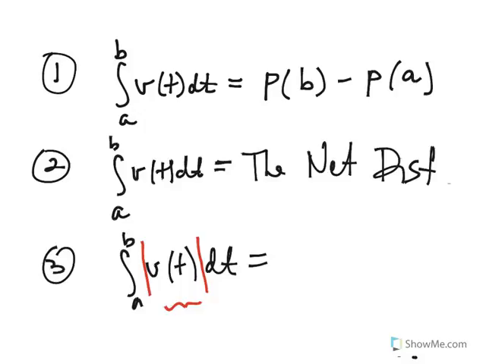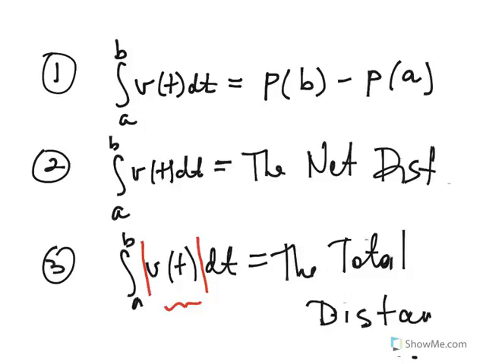So if you remember, we discussed this. In order to find the total distance, you need to take the absolute value of all of those pieces. And I'm just going to put the total distance. Okay, so these three facts are very important, and there's nothing really new, nothing fancy here.